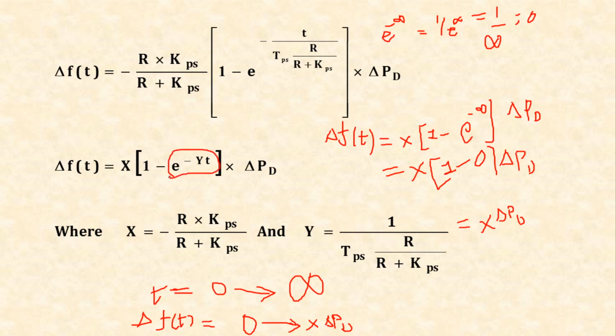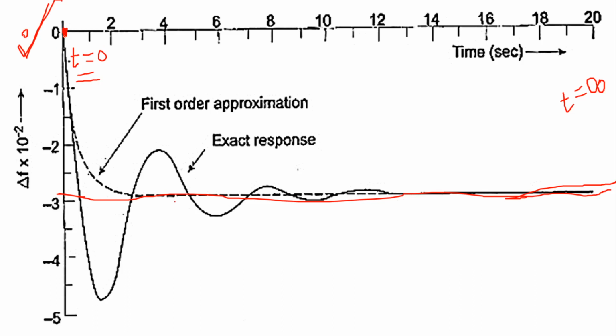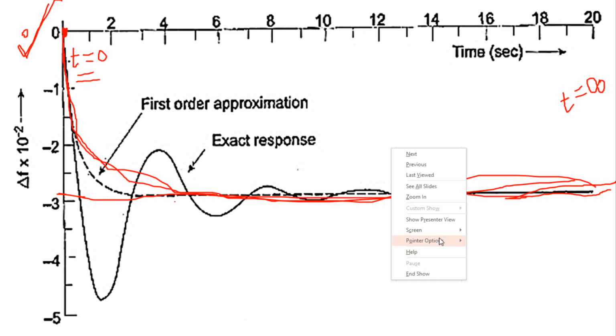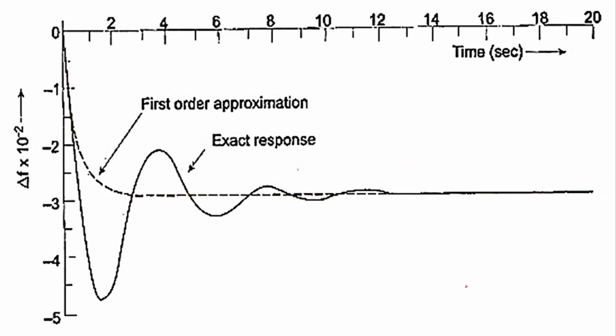That is why our answer will be in exponential form and in increasing order like this. Clear? And after some time that value will become stable.